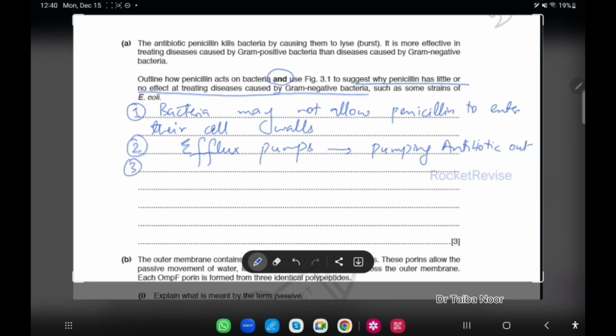Then another reason is that the antibiotic cannot cross the hydrophobic region that is present in the cell wall of bacteria. So these can be the 3 points to justify the 1.5 marks for this part after and.